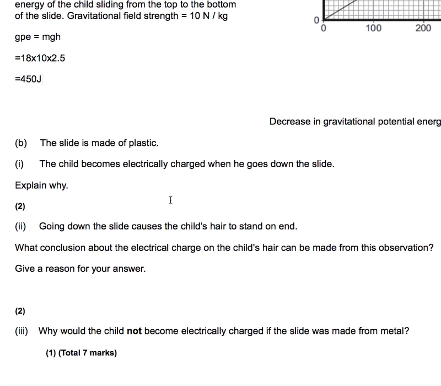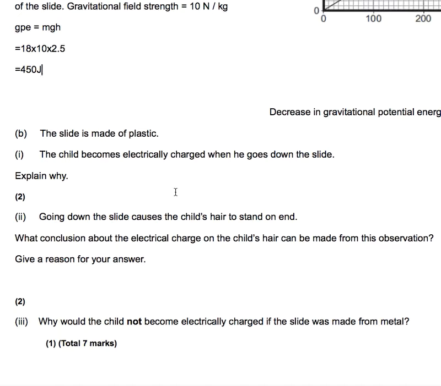The slide is made of plastic. The child becomes electrically charged when he goes down the slide. Explain why. And here we have 2 marks. Now, there could be more than 2 marks for this question, but what have we got?